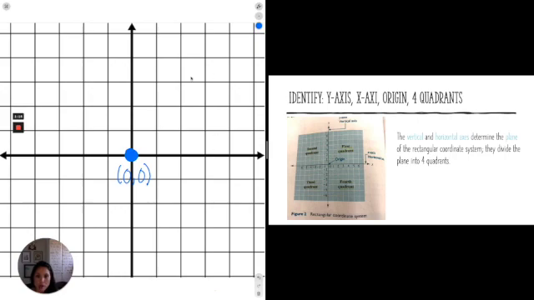The upper right-hand square is your first quadrant, and then you move counterclockwise to the second quadrant, down below is the third quadrant, and the bottom right is the 4th quadrant. On your homework, when I ask you to plot points, you will also be asked to tell me the quadrant that your point is in.